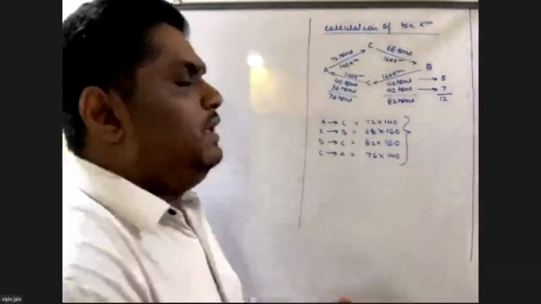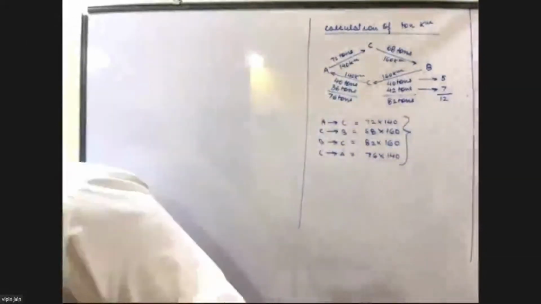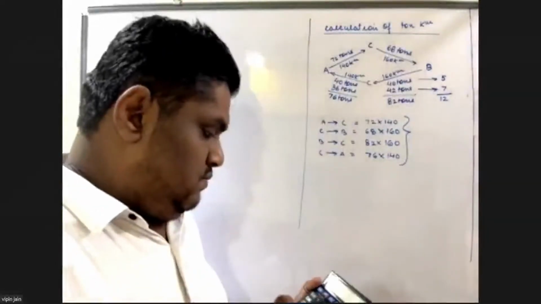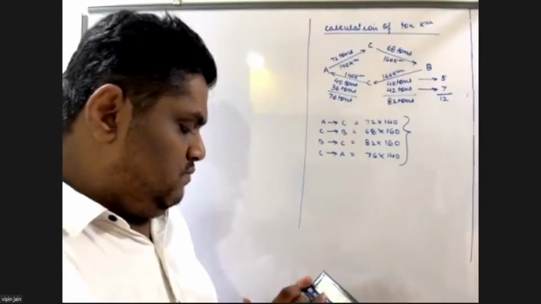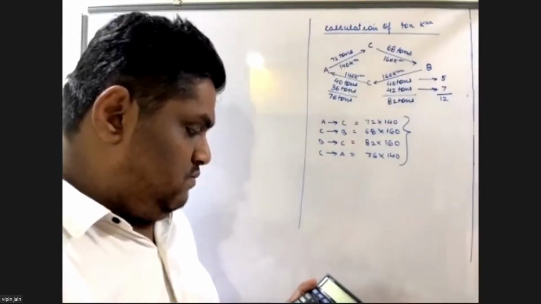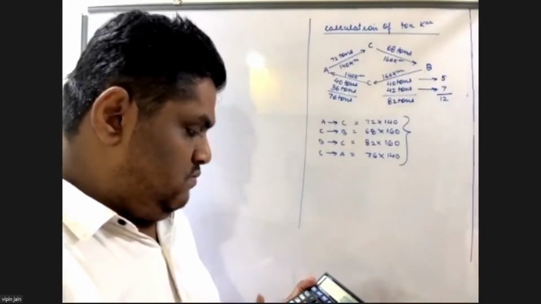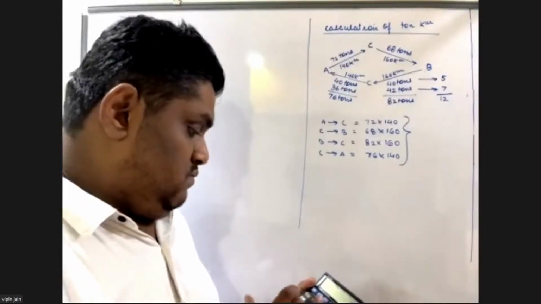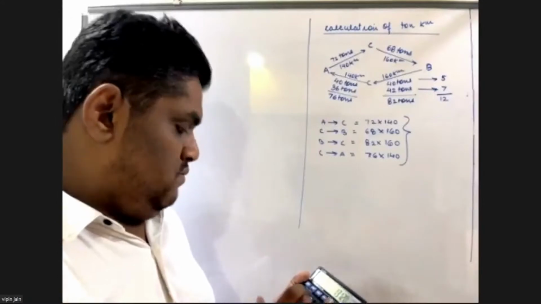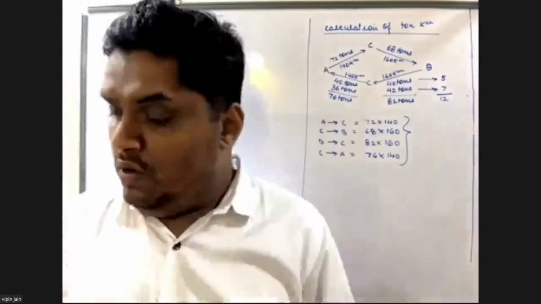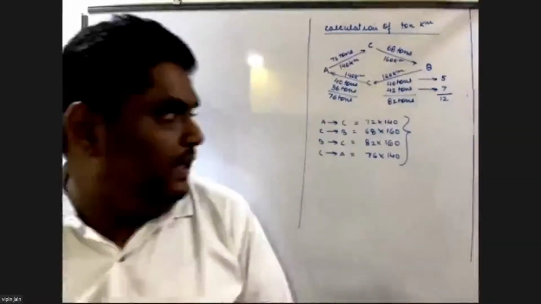So the total ton kilometers will be how much? 44,720.